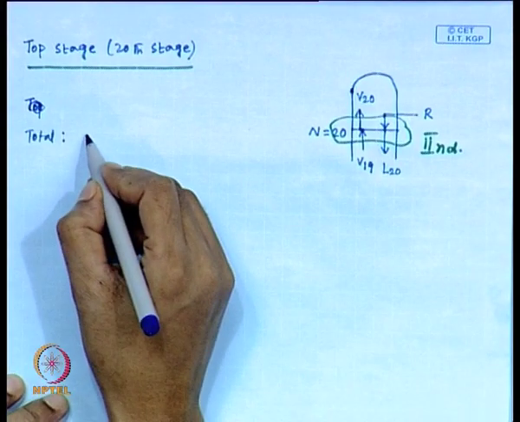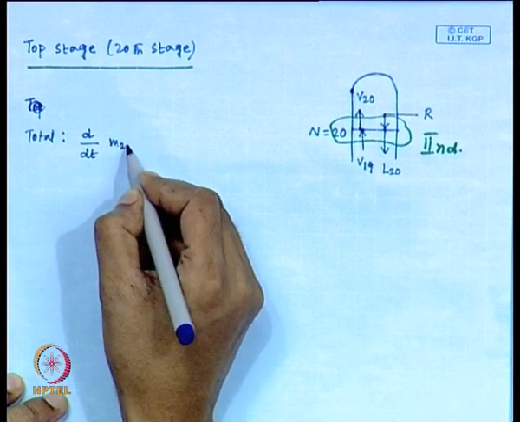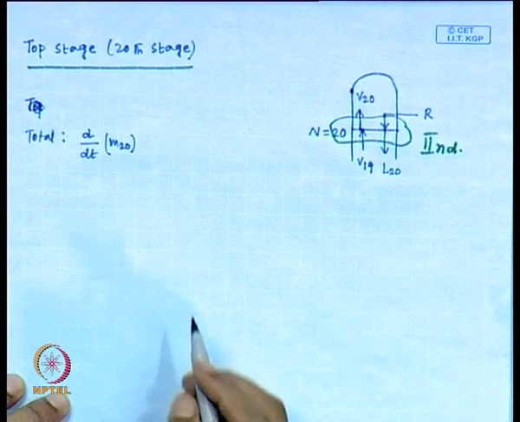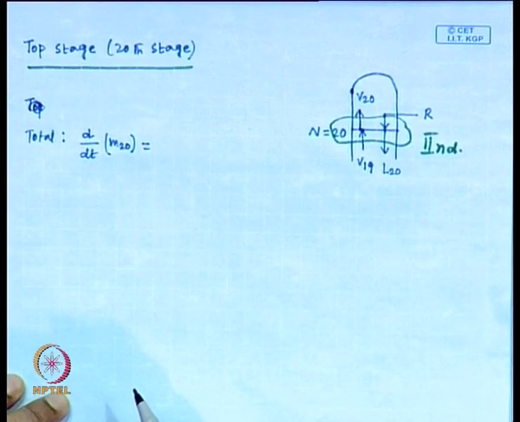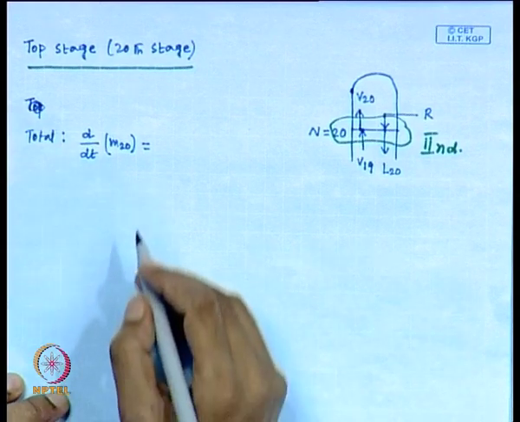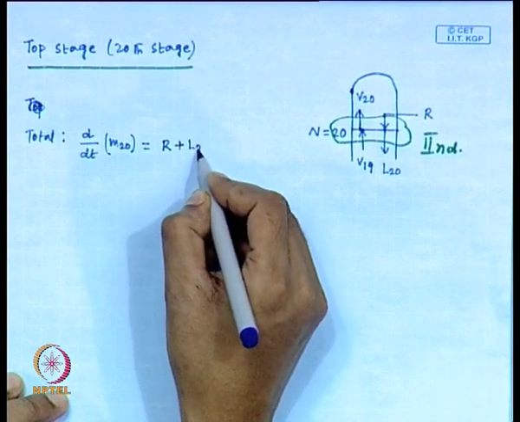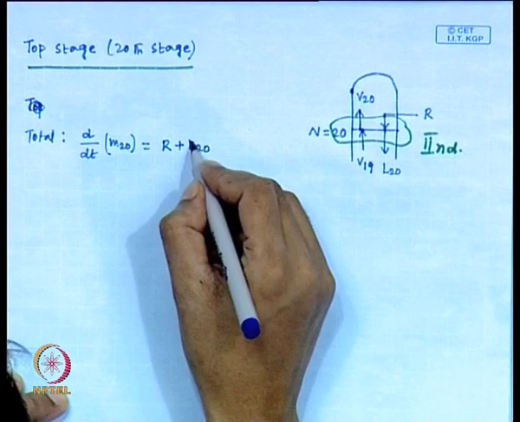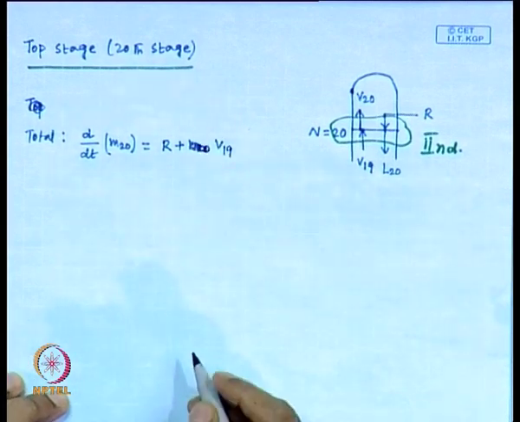If the liquid holdup is M20, then d/dt of M20, which is basically the accumulation term, equals the input flow rates. What are the input flow rates? One is R, another one is, not L20, another one is V19.